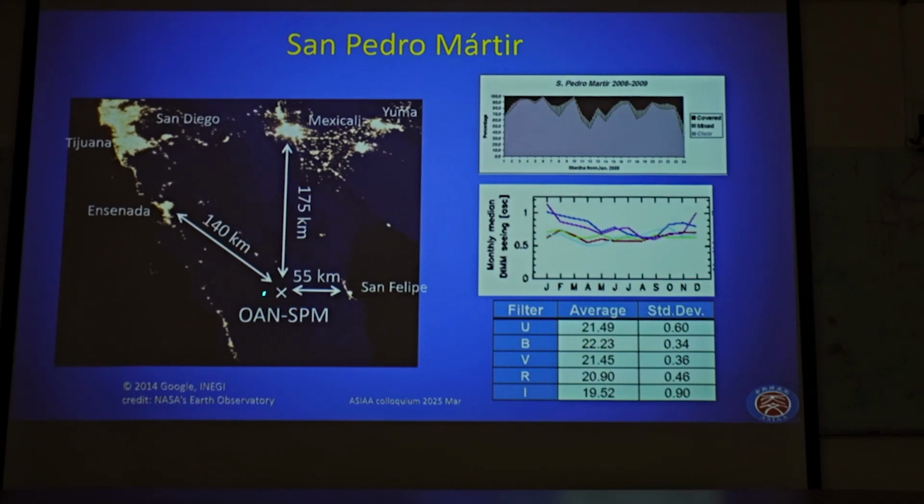The site is very dark. It's in the middle of the peninsula, Baja California. And then the seeing statistics, this was done by the TMT site survey. It shows a median seeing of maybe around 0.7 arcsecond.